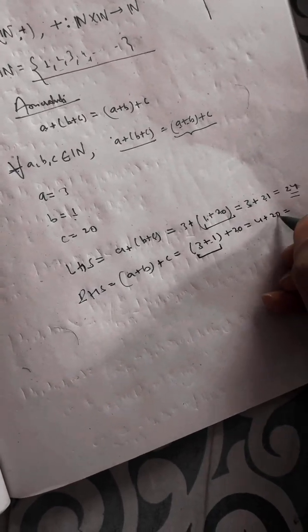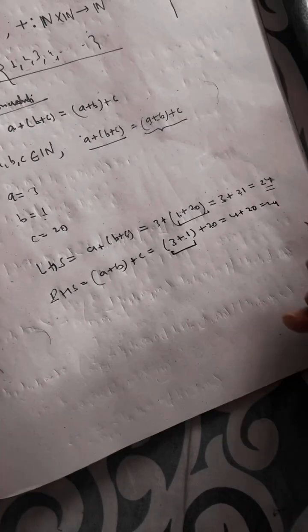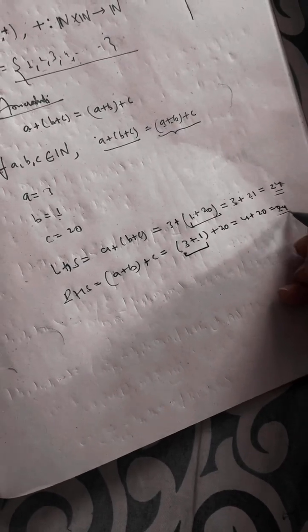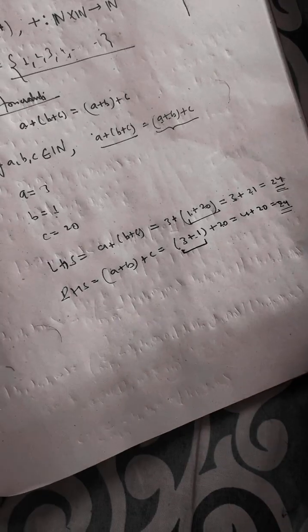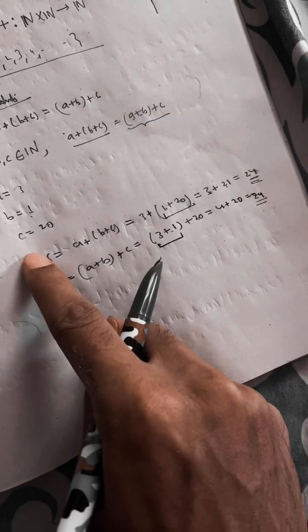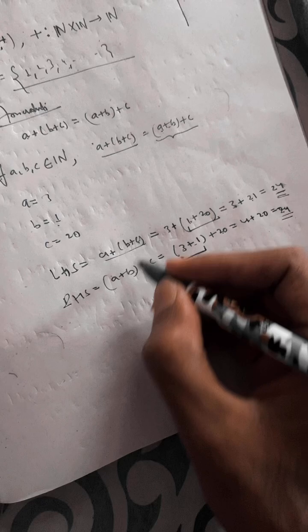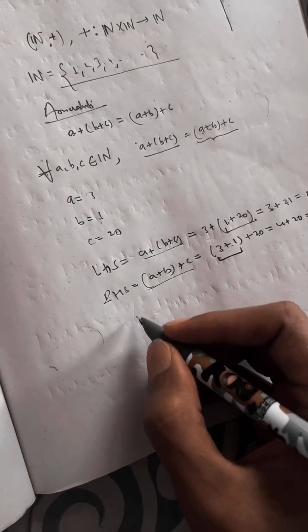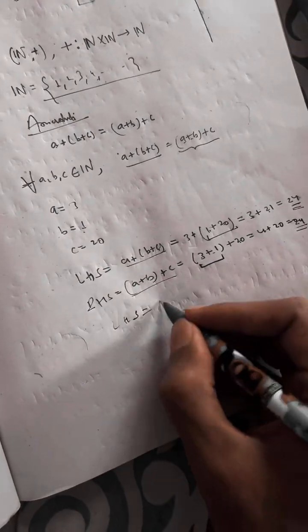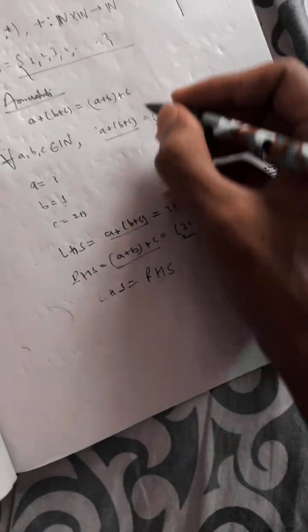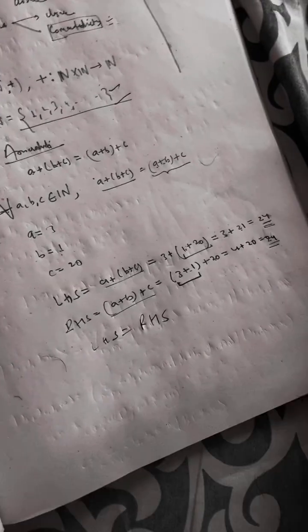So 1 + 20 is 21, and 3 + 21 gives 24. So we saw this value and this value are equal. So the RHS and LHS are equal, which means LHS is equal to RHS. It means it satisfies the associativity property, right?